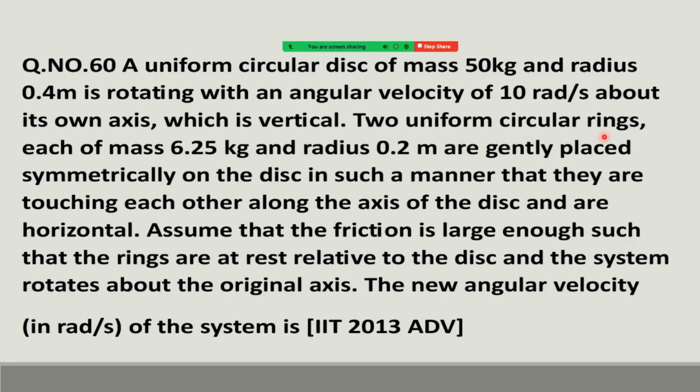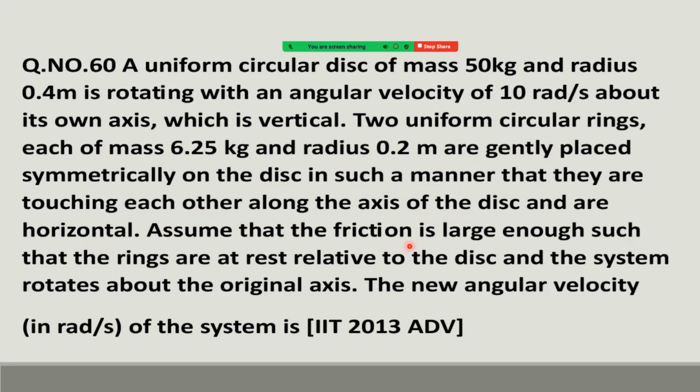Two uniform circular rings, each of mass 6.25 kg and radius 0.2 meter, are gently placed symmetrically on the disk in such a manner that they are touching each other along the axis of the disk and are horizontal.